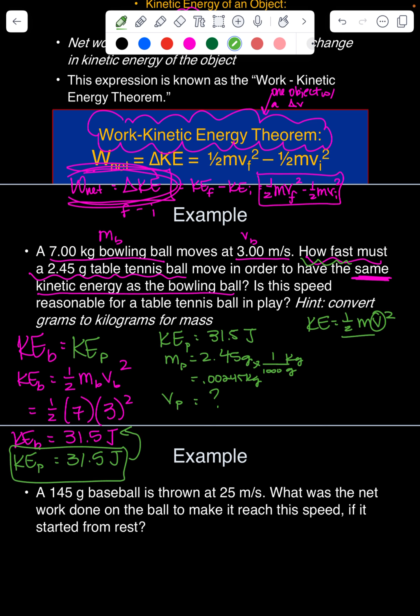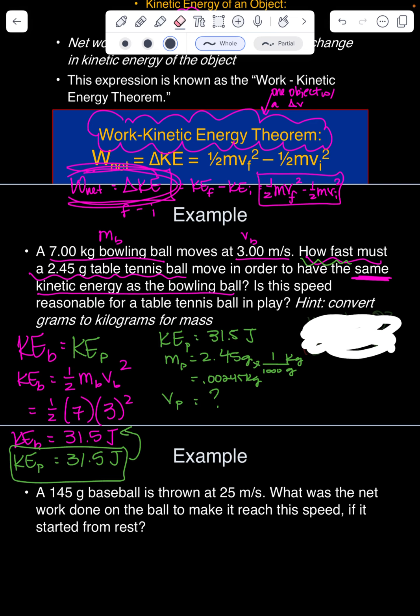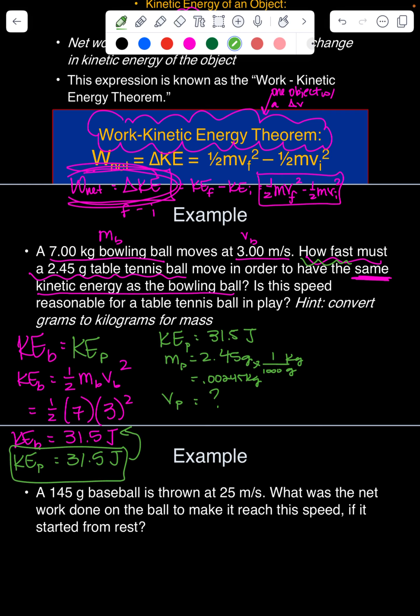Now, we could easily divide both sides by 1/2 m to get rid of those. However, whenever I have multiple things in the denominator, I have to remember to put parentheses around those. And some of you don't like to remember that. So if we don't want to remember it like that, we can take it in 2 different steps.